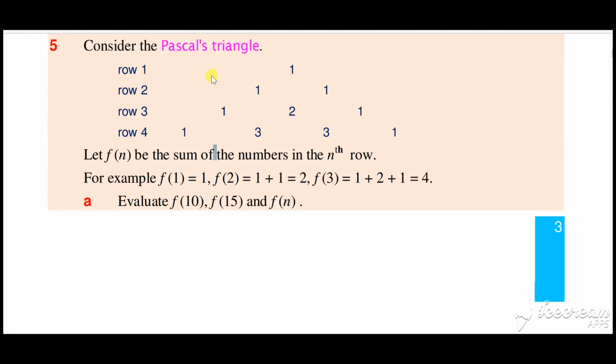Question number 5 says: consider the Pascal triangle. Row 1 is 1, row 2 is 1 1, row 3 is 1 2 1, row 4 is 1, 1 plus 2 is 3, 2 plus 1 is 3, then we can take 1 at the end.